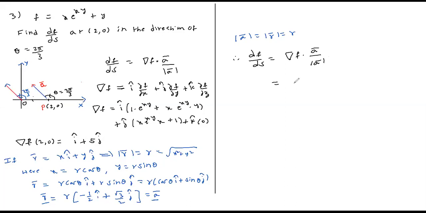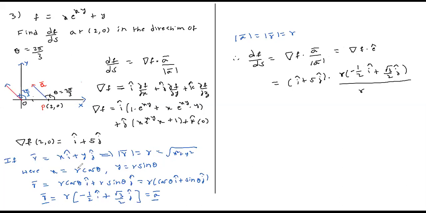Okay. So del f is what? i bar plus 5 j bar dot product with what is a bar? r into minus 1 by 2 i bar plus root 3 by 2 j bar divided by modulus of a bar. Modulus of a bar is nothing but r. Actually, I don't need to take it, because a bar by mod a bar is actually e cap.